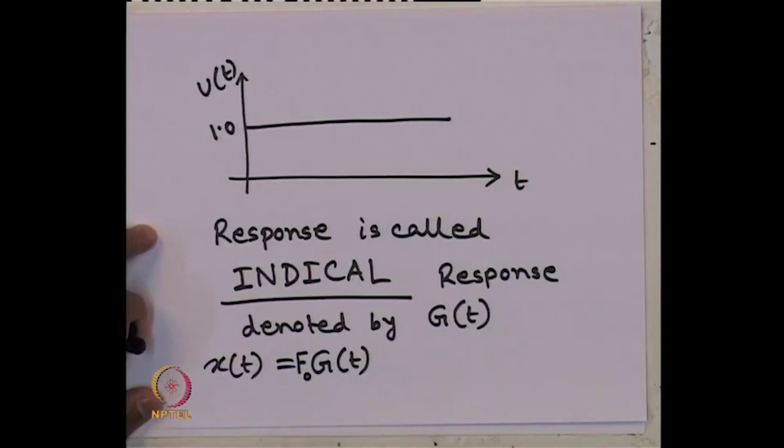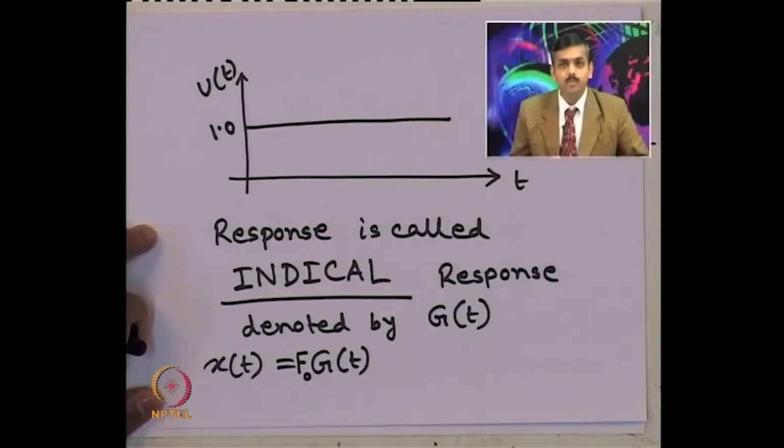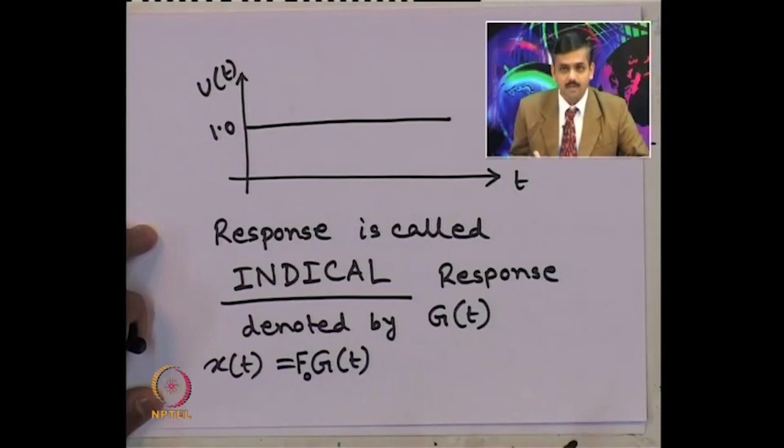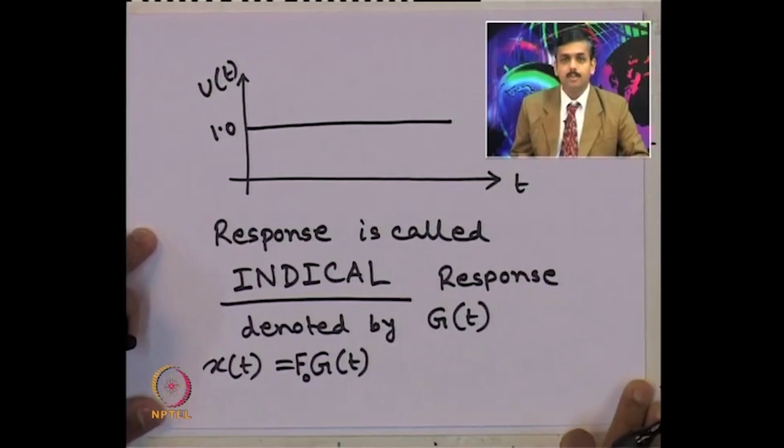So, if there is F naught load applied, in that case we call it F naught times g of t, F naught times the indicial response. This is just a terminology. So, you should know this is the terminology used for a single degree of freedom system subjected to forced vibration in terms of Heaviside step function. The response is known as indicial response.